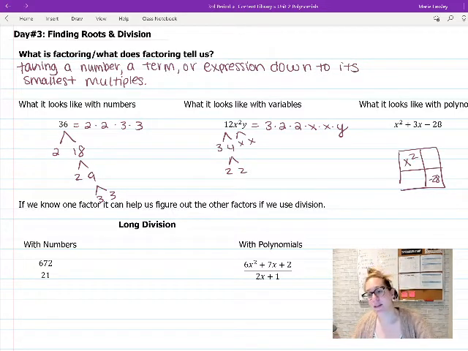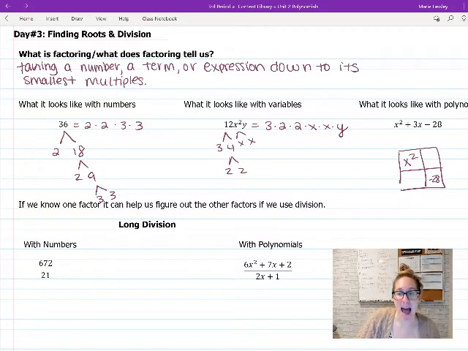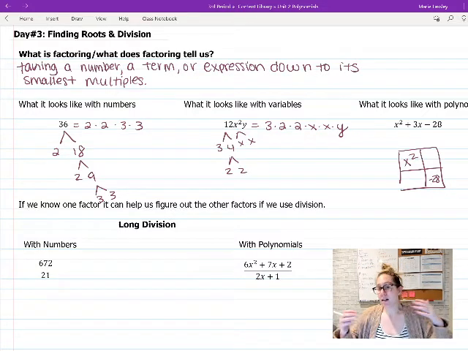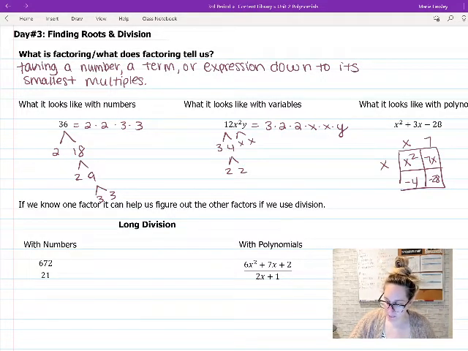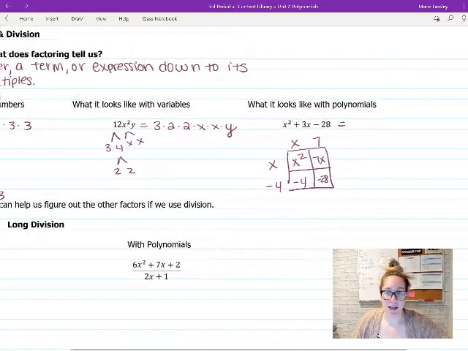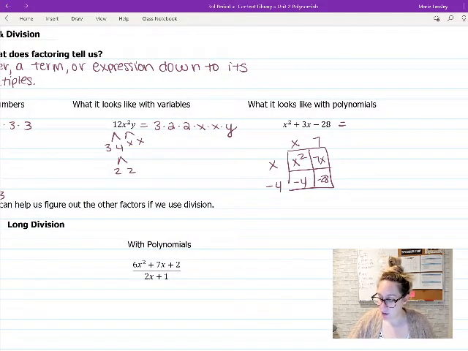We ask, what multiplies to negative 28 and adds up to 3? 7 and 4. So we have 7x and a minus 4x, and then we reverse that by pulling out these multiples. What we get at the end of the day is that this expression can be broken down into x minus 4 times x plus 7.